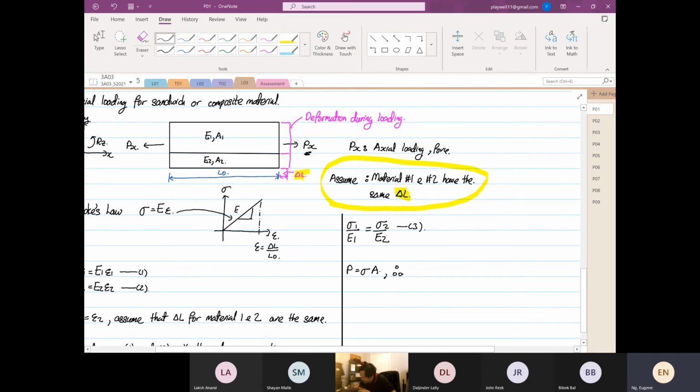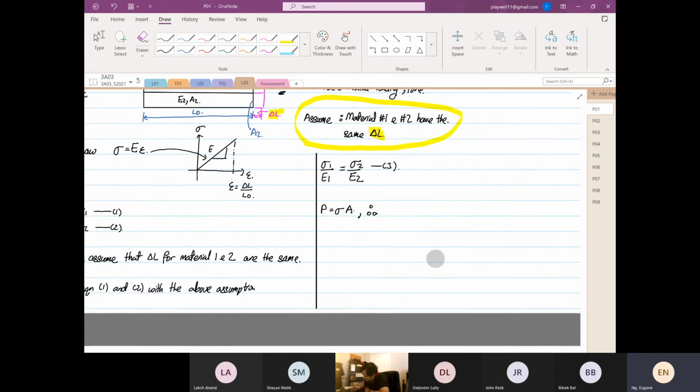This area over here is your area 1, and this area over here is your area 2. Both of them are carrying the load.